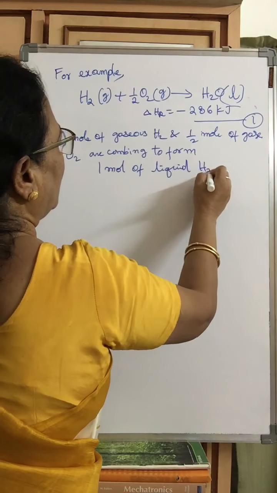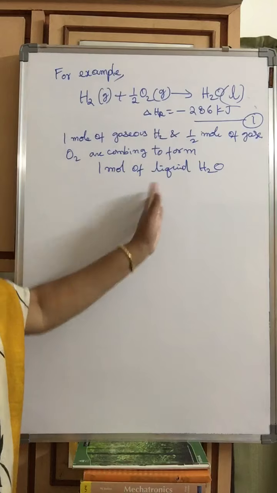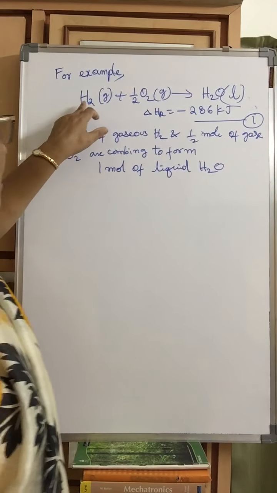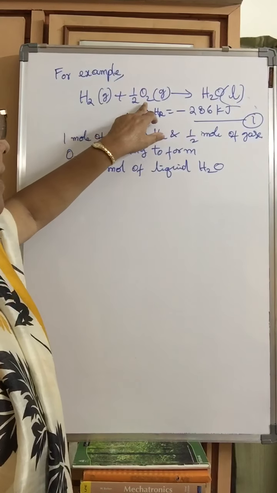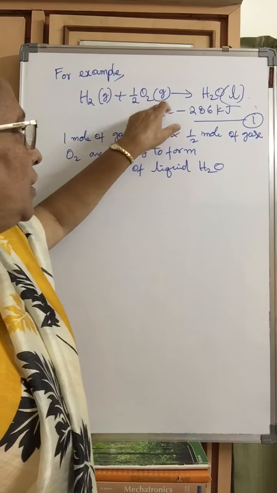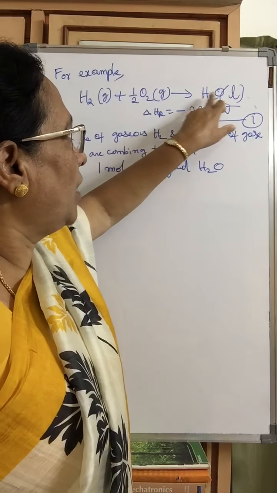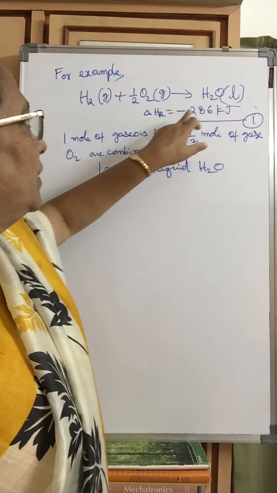Here what do we understand from stoichiometry? 1 mole of hydrogen is reacting with half mole of oxygen, both in gaseous form, to form 1 mole of liquid water.